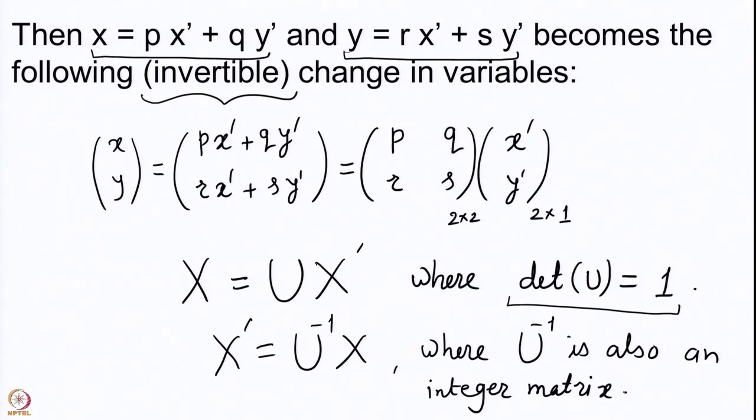So, the entries of U inverse might be alpha, beta, gamma, delta, and you would have the same property that alpha delta minus beta gamma, the determinant of U inverse, is equal to 1. So, when you go from X to X prime by applying this matrix U of determinant 1, you can come back from X prime to X by applying U inverse, which also will then have determinant 1, and because the determinant of U is 1, U inverse will also have integral entries.